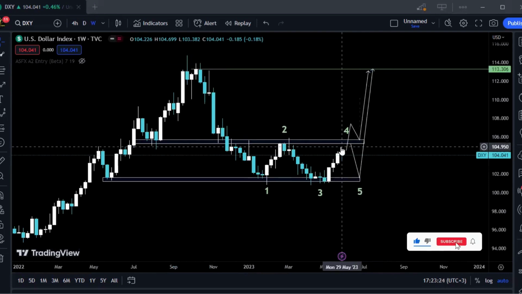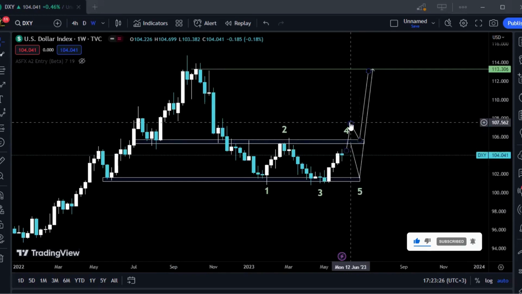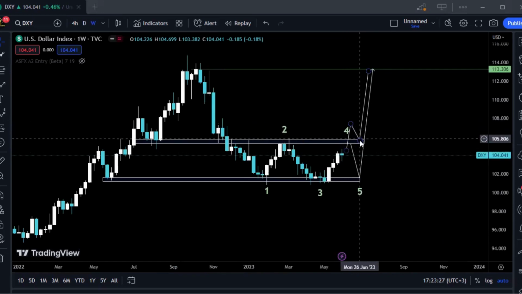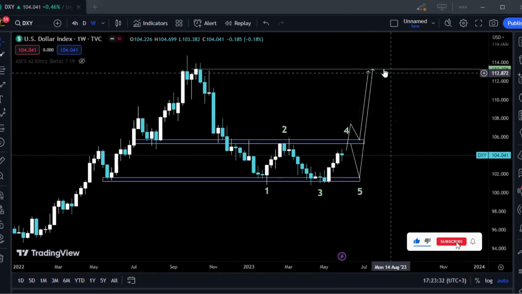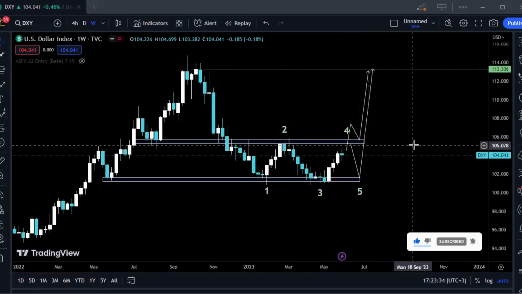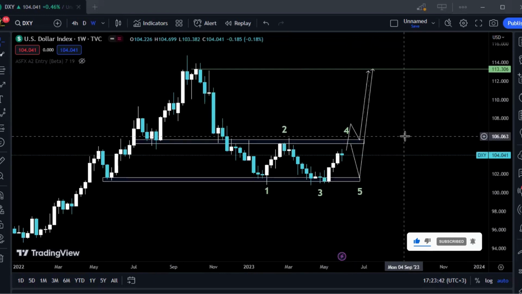So should the US dollar gain more value, we'll be looking for that break and a solid retest before we take the trade to swing with it all the way until the highs. But overall, we are anticipating a bullish move on the US dollar. How it will happen? These are the two possibilities that will make it play out. So for the coming week, what should we be anticipating on the US dollar?